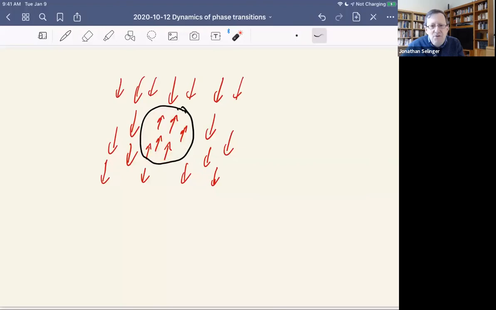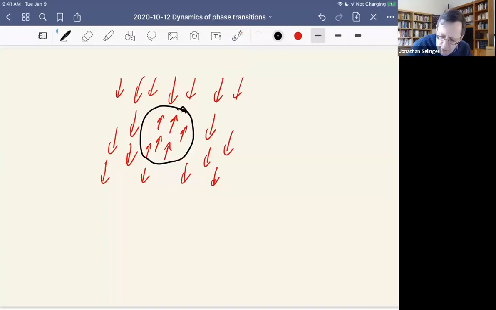So they don't feel the same unfavorable interaction that's tending to make them point down. So this then is the key, to make a big cluster of spins in the new state.